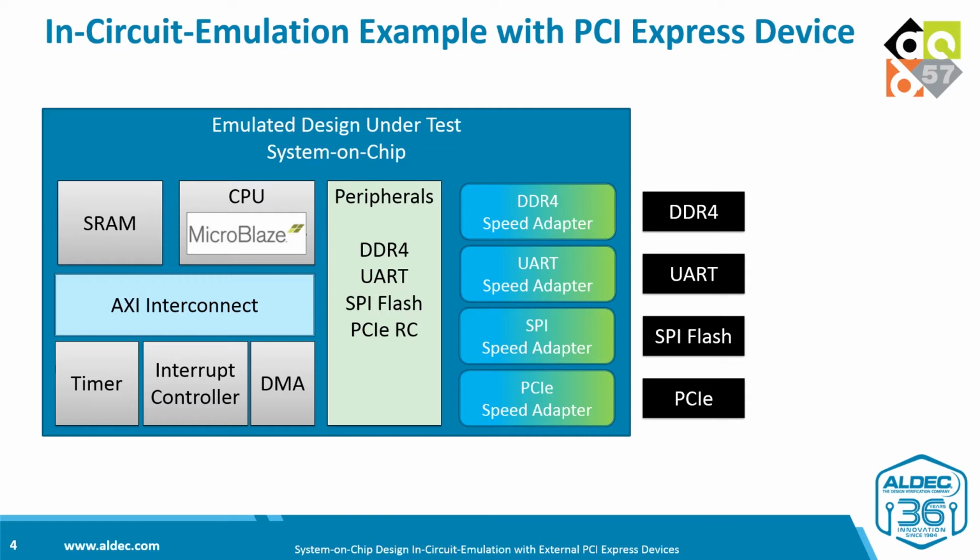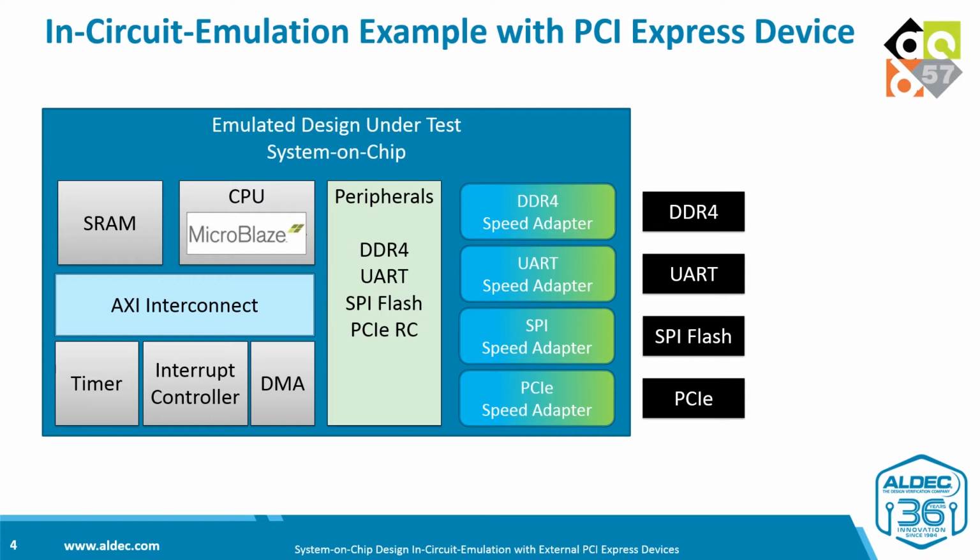We selected Xilinx MicroBlaze because it takes very short. It takes half a day to put together such an SoC design with the CPU, SRAM, timer, interrupt controller, DMA block, and so on. All SoC main blocks are interconnected through AMBA-AXI interconnect.